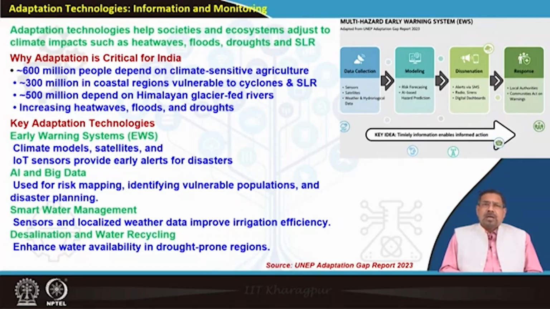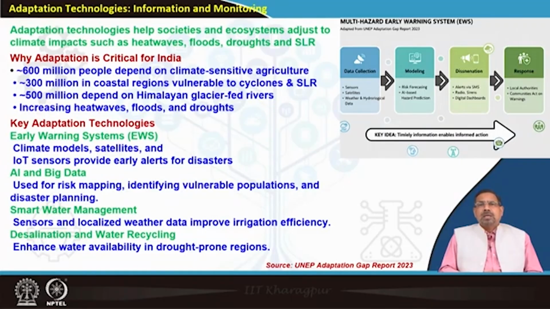Because India has a very high population base. 600 million people depend on climate-sensitive agriculture. 300 million people in coastal regions are vulnerable to cyclones and sea level rise. 500 million depend on Himalayan glacier-fed rivers, and increasingly we have been receiving heat waves, floods, droughts and sea level rise. That is why adaptation is very critical for India.